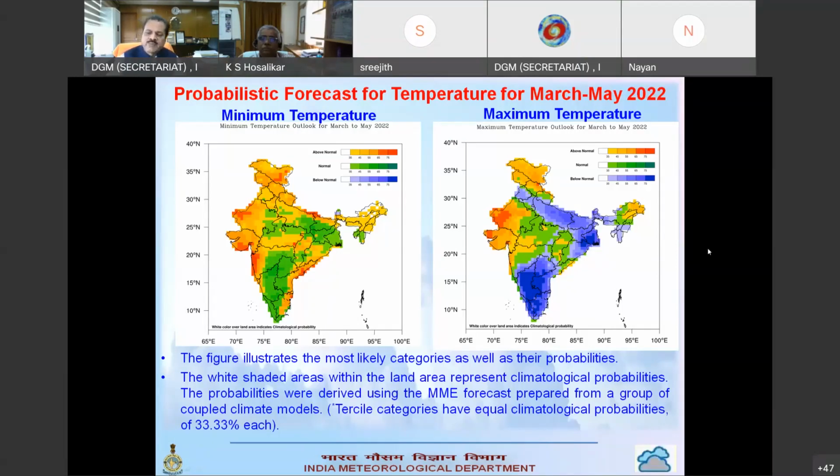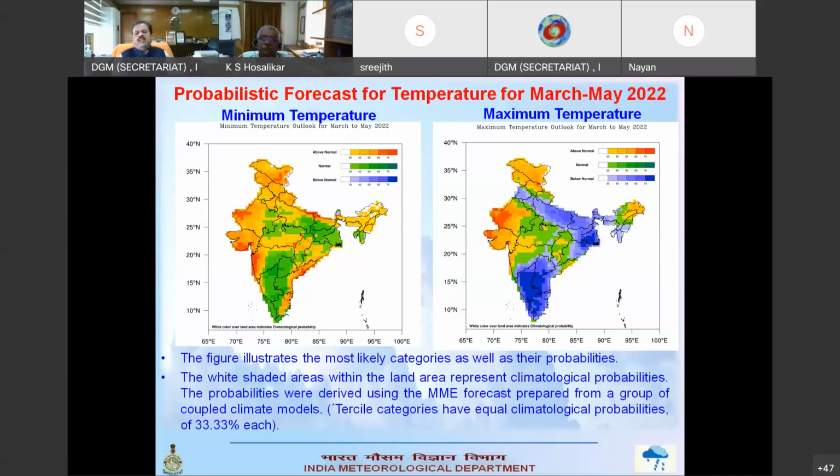We can also expect above normal temperature over extreme northeastern parts of the country like East Arunachal Pradesh, Northeast Assam, Nagaland, and Manipur area. Otherwise, the remaining parts of the country, we are expecting below normal maximum temperature or normal maximum temperature. Mainly the central parts of the country, we can expect normal maximum temperature, and peninsular India can have the below normal maximum temperature.